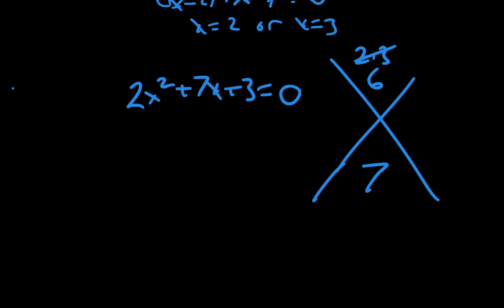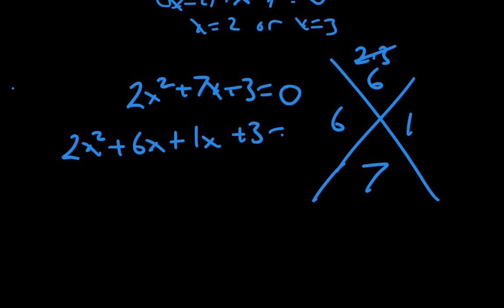And there's really only two numbers that do that, so you want to multiply to 6 and add up to 7. That's just 6 and 1. So this one is a little different, so we're going to do 2x squared, and then the 7 is going to be split in between 6x and 1x. We could just write that as x, but I'm just going to write it like that.